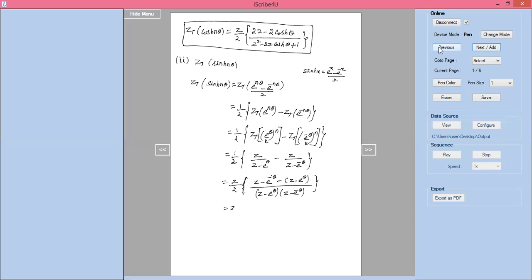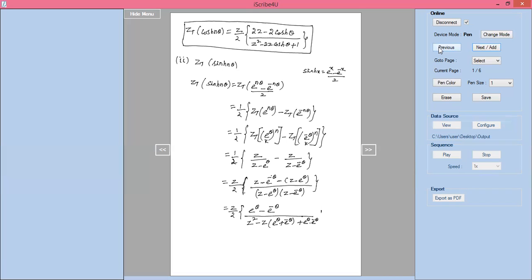Z minus z is 0, minus e power theta, plus, z minus z gets cancelled. We'll get e power theta minus e power minus theta divided by, if we multiply this, z square minus z into e power theta plus e power minus theta plus e power theta into e power minus theta.